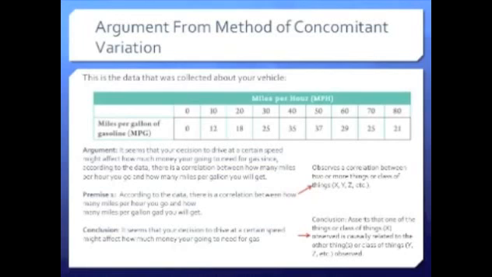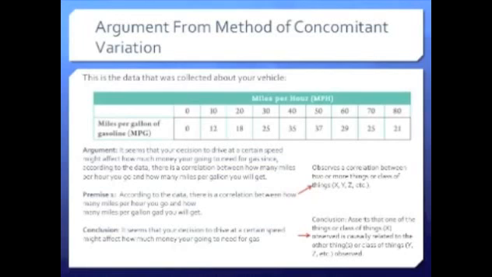For example, consider this argument here. This argument argues that your decision to drive at a certain speed might affect how much money you are going to need for gas. It gives as reasons to support this claim a correlation between how many miles per hour you go and how many miles per gallon you'll get, which was established using the collected data and the method of concomitant variation. Notice how in this argument as well, the kind of method that is being used is indicated by the premise.